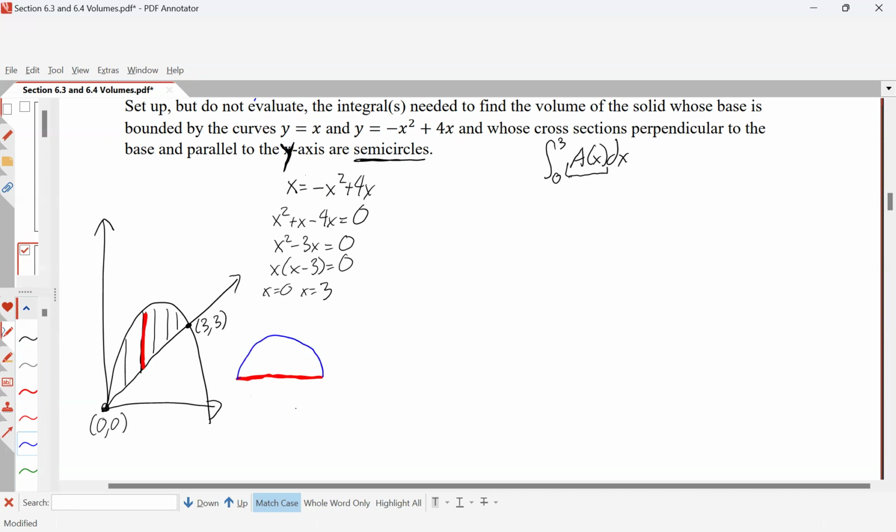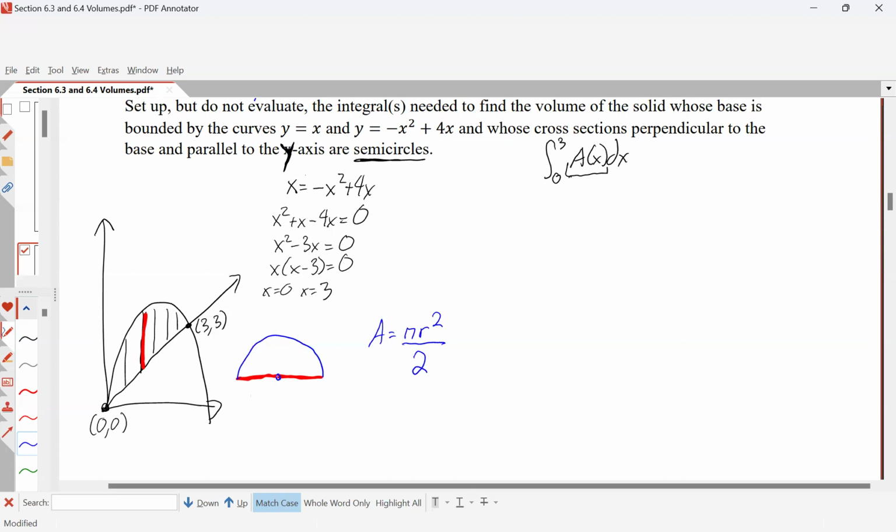In a semicircle, we know the area is going to be pi r squared for a whole circle. For a semicircle, that's half. So pi r squared over 2.